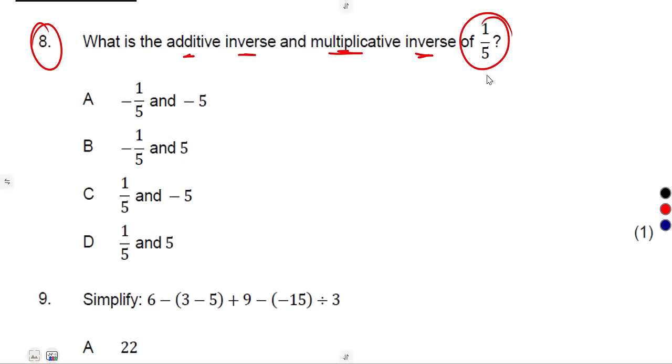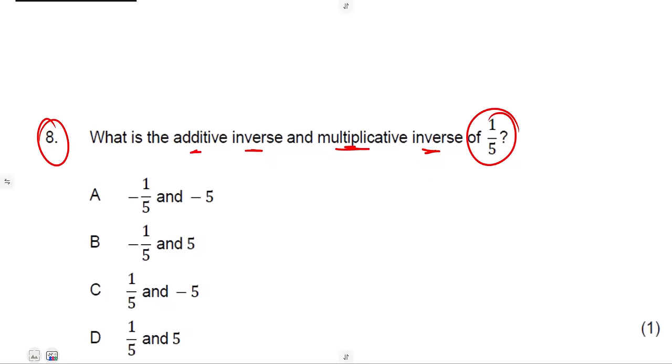All right, on number 8, we are given the additive inverse and multiplicative inverse of this. So there are two, additive and multiplicative. Without wasting our time, guys, for an additive inverse, if I am to add, let's say, x, it must be added to its negative, the additive inverse of x, so that we obtain a 0.